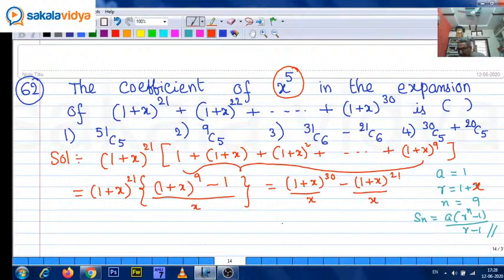So now very simple here. We need to find x to the power of 5, but already 1 by x is there. So in this expansion we need to find the x to the power of 4 coefficient.